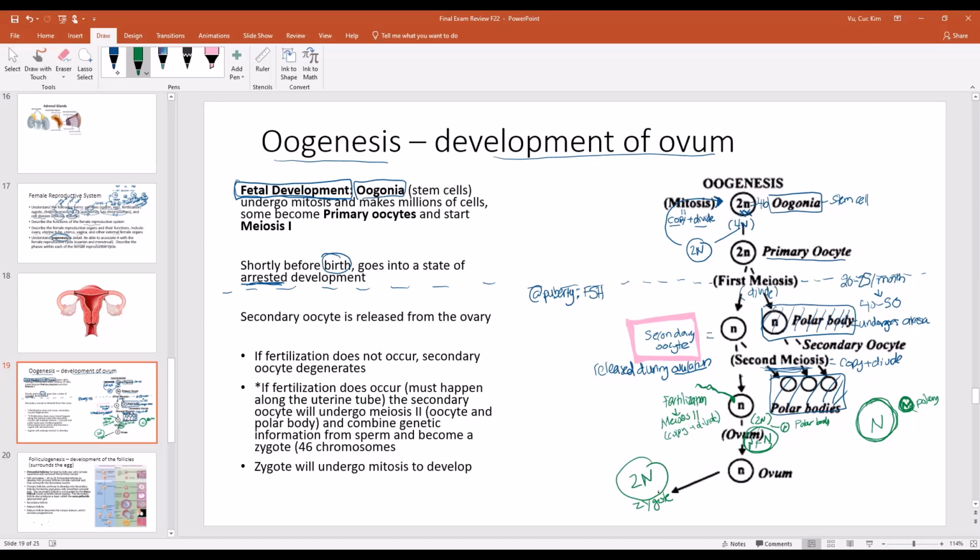Correct. So do you see how I drew it in green? This green option only occurs if fertilization occurs. Oh, okay. But we need fertilization to finish meiosis. That's right. So if a female has her period, what egg has she released during her menstruation?